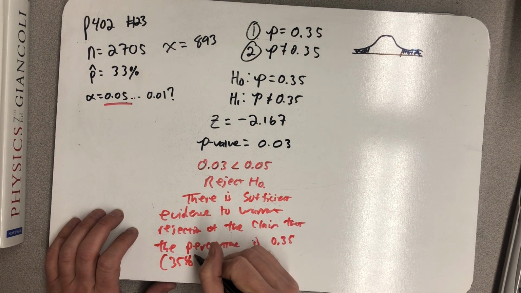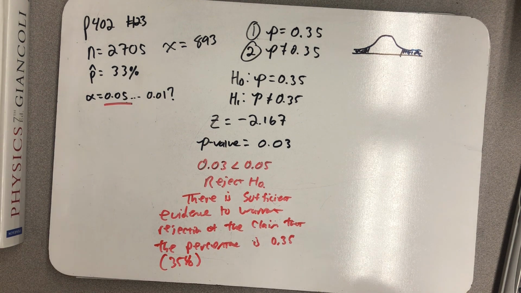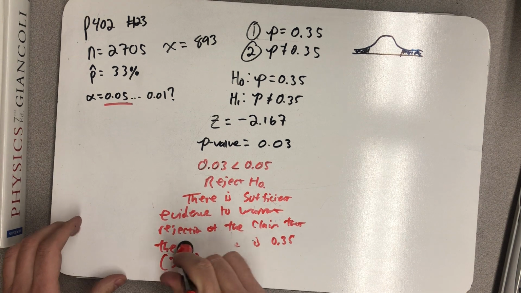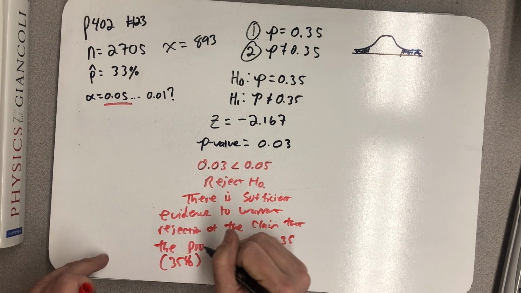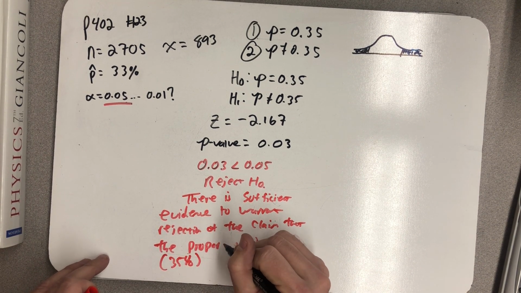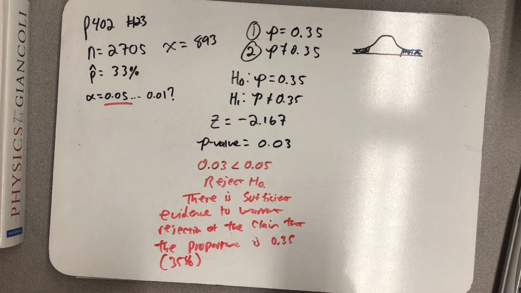There is sufficient evidence to warrant rejection of the claim that the proportion is 0.35. The percentage is 35%. We have rejected the claim.